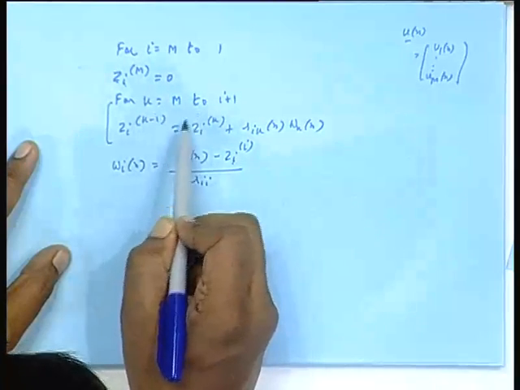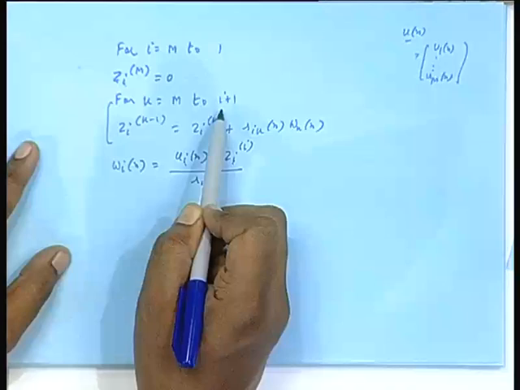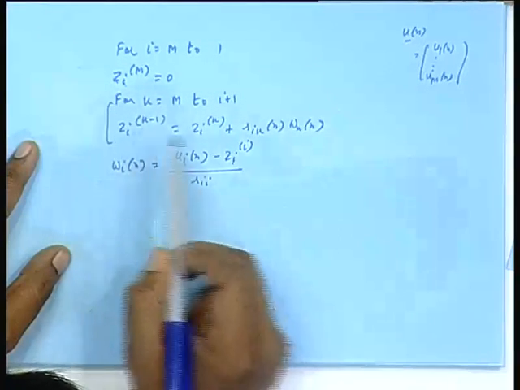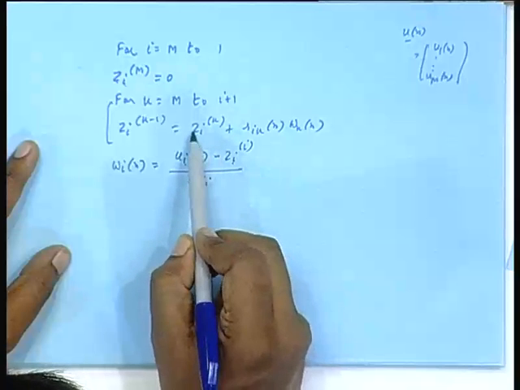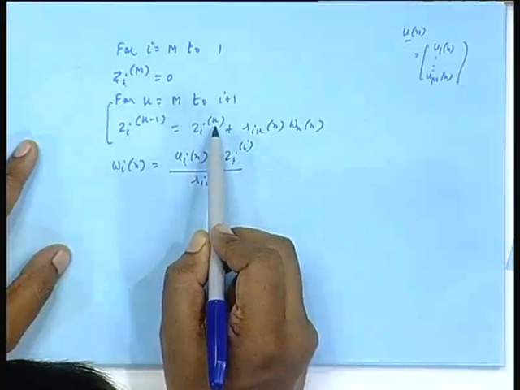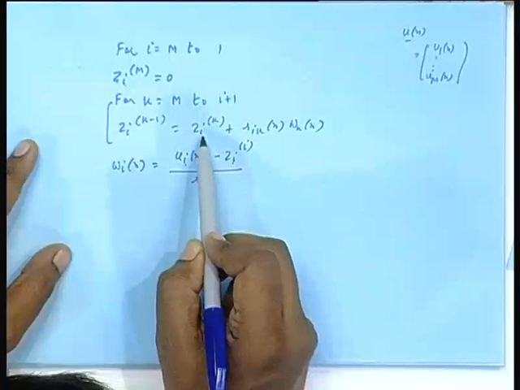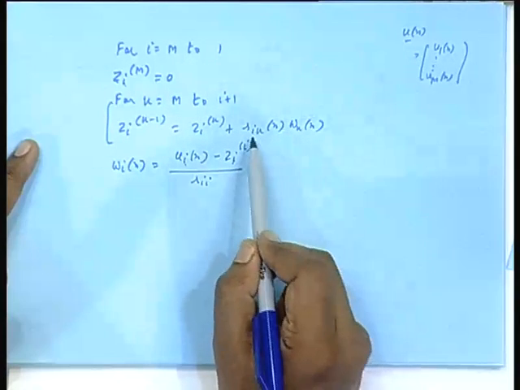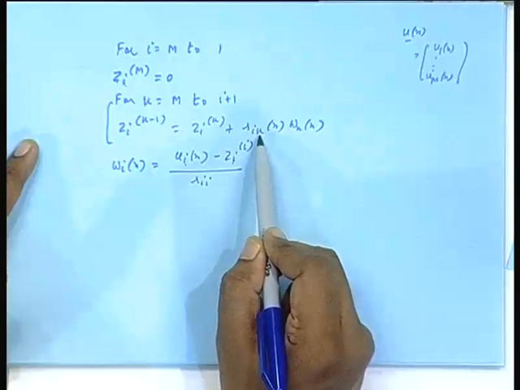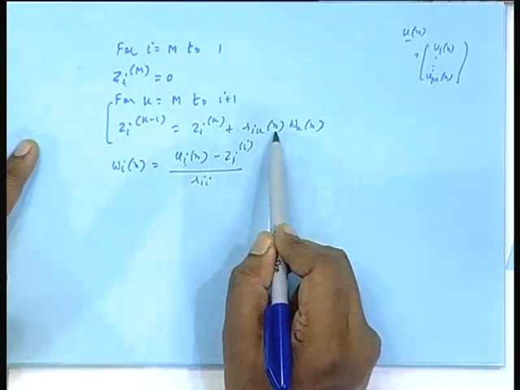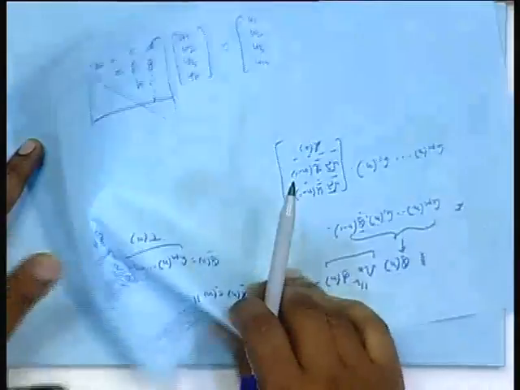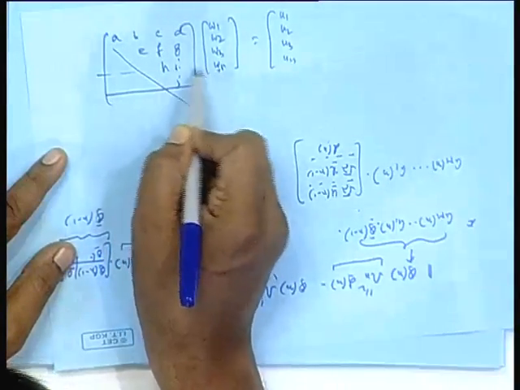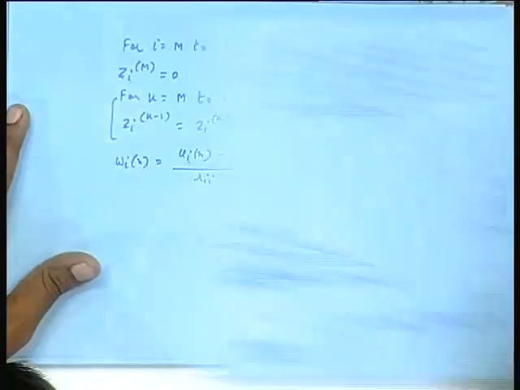Consider the k. K means m to m, so only one loop, and that times Zm minus 1. What is k? M, that is 0, and this is the m minus 1, m entry into the new value, that m minus 1th row, mth column into this, and this is 0.